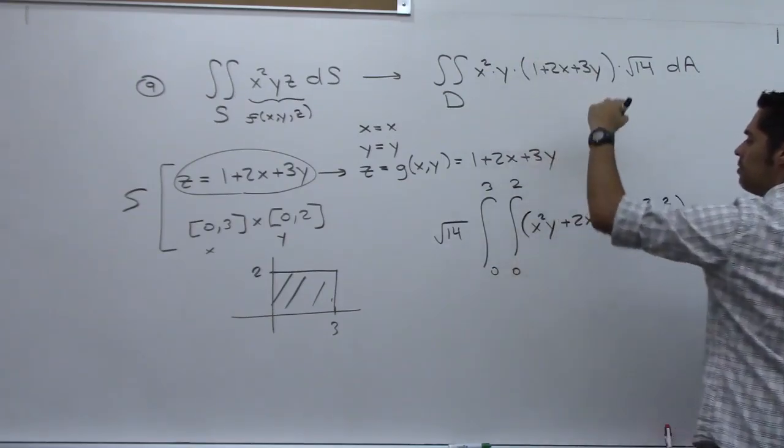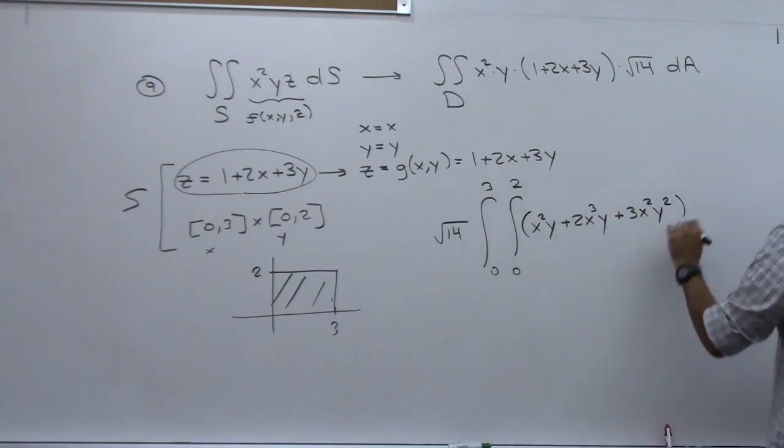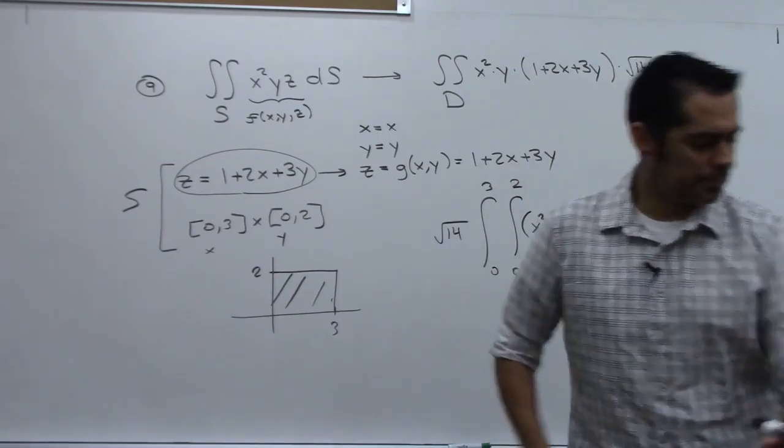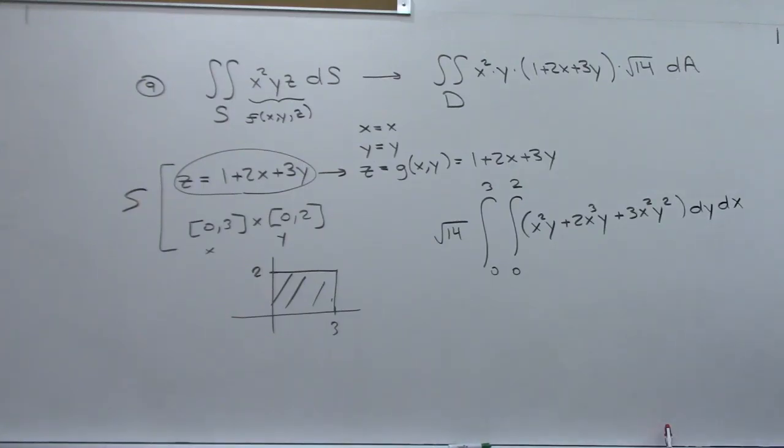So I distributed that through. I took my root 14 out, and then this is going to be dy dx. Let me just make sure I've got that all set up properly: x squared y, 2x cubed y, 3x squared y squared.